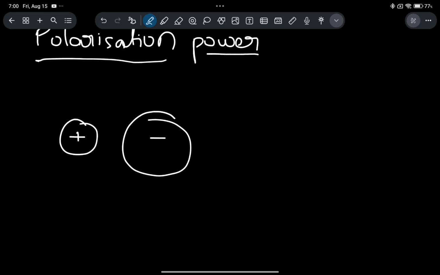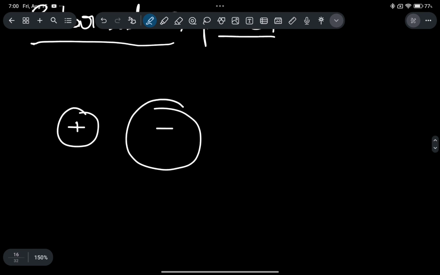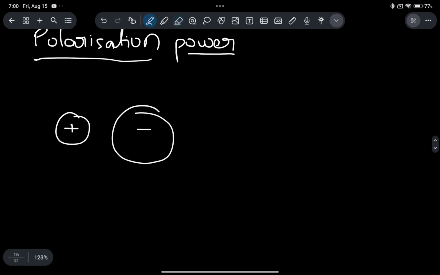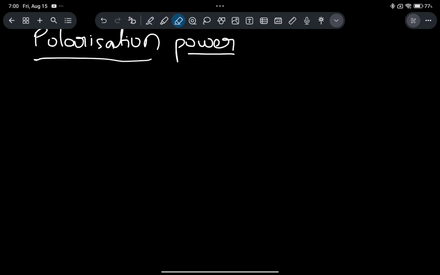Generally we say they are attracting each other, but that is not at all correct. The cation is very small in size, whereas the anion is bigger in size.